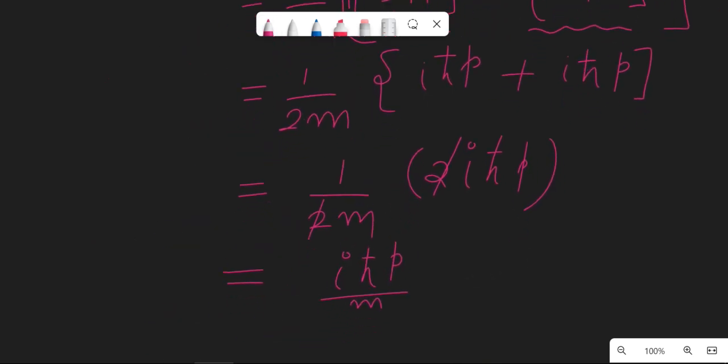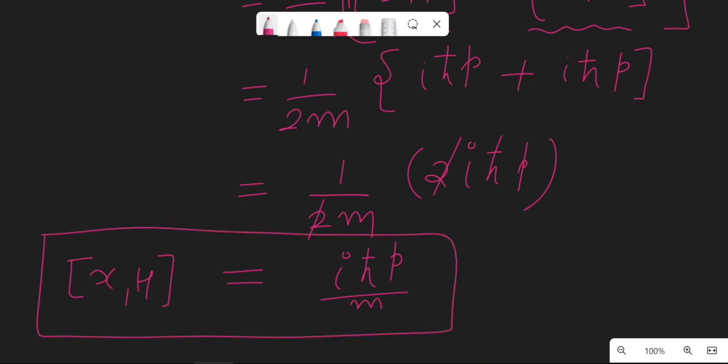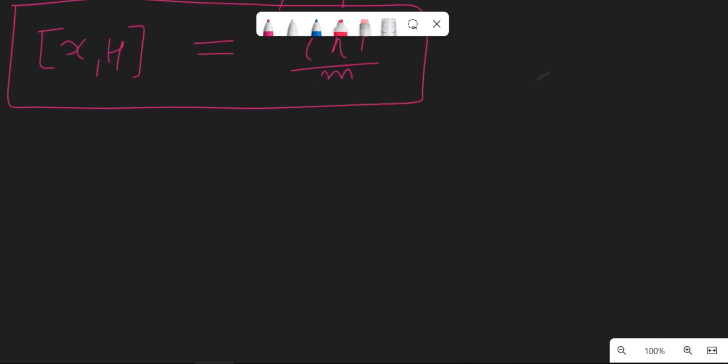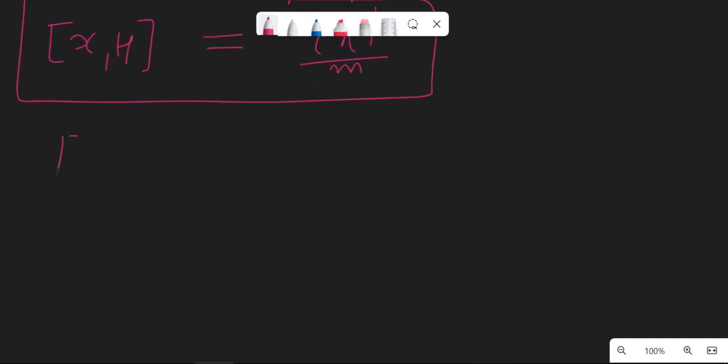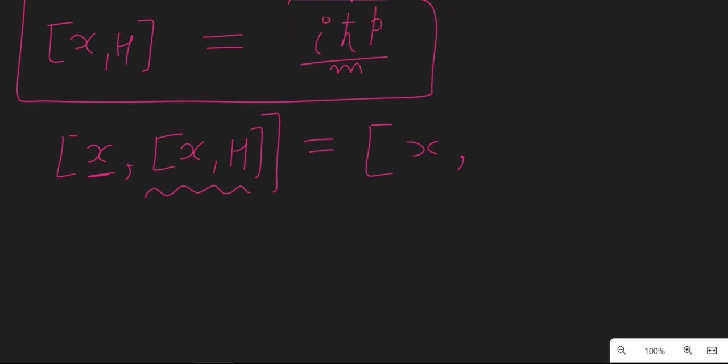But do not forget, this is just x comma H, and what you have to find is x in commutation with x comma H. So now I put this x, and the value of the commutation relation of x comma H we have derived is i h cut P divided by m.